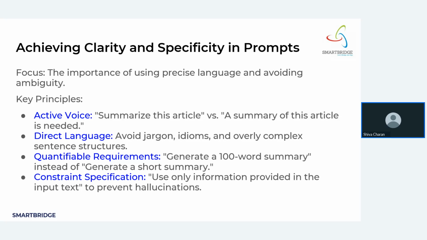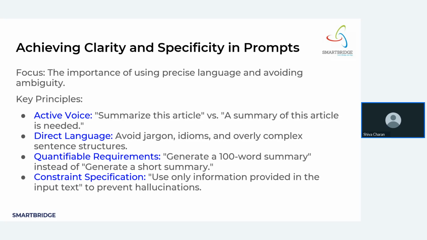This is the way you can try to be very specific and maintain some clarity. Active voice is 'summarize this article' versus the passive 'a summary of this article'. Correct.